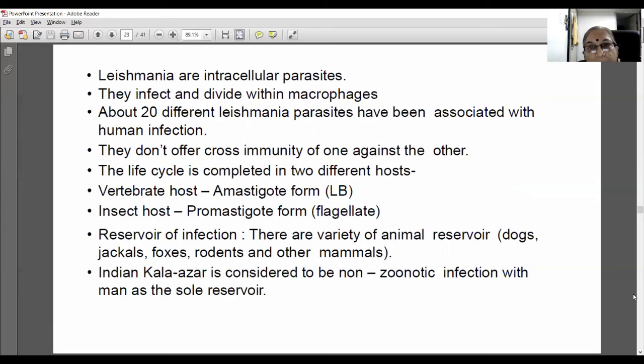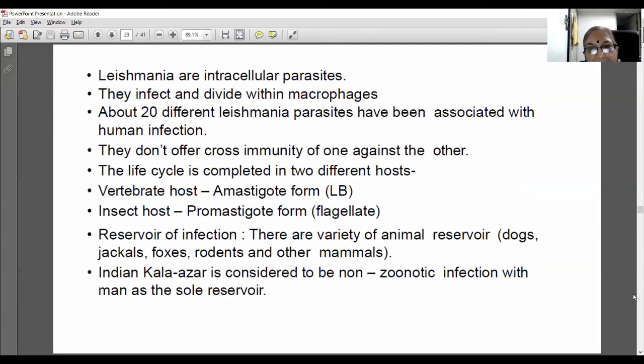The life cycle is completed in two hosts. In the vertebrate host, it is the amastigote form, that is Leishman bodies. In the insect, it is the promastigote form or flagellar form. Reservoirs of infection are dogs, jackals, foxes, rodents and other mammals.